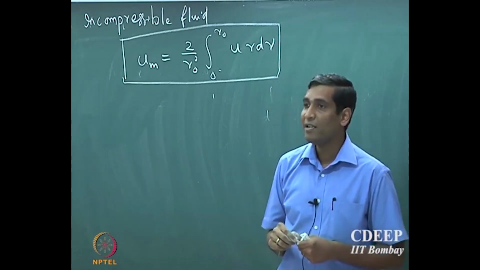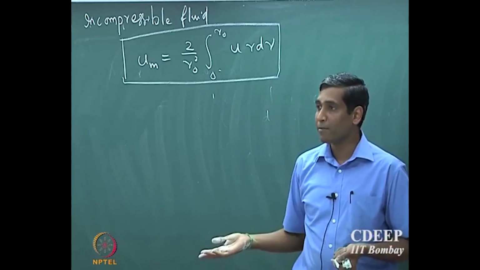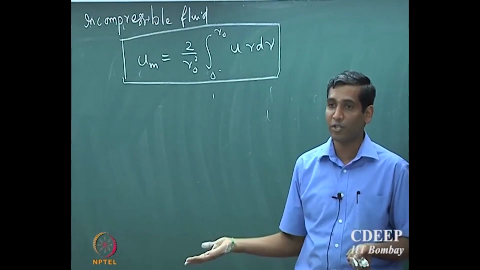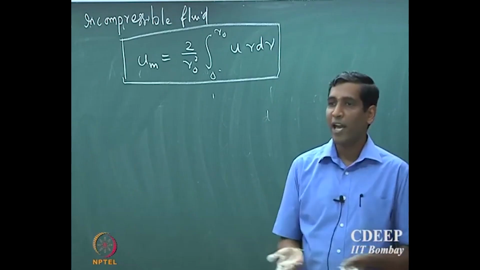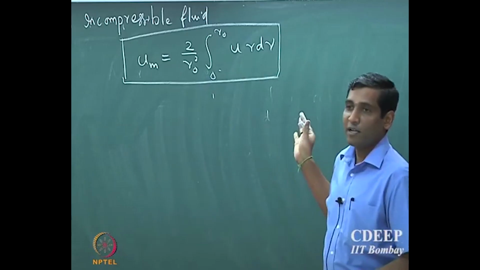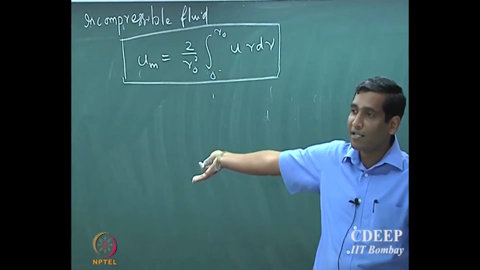Now this is valid at every location. If it is in a fully developed regime, then u is not a function of x position, but before the fully developed regime, u is a function of both x and r, and therefore you have to consider the whole dependence of radius at all locations starting from 0 to L, if L is the length of the tube.